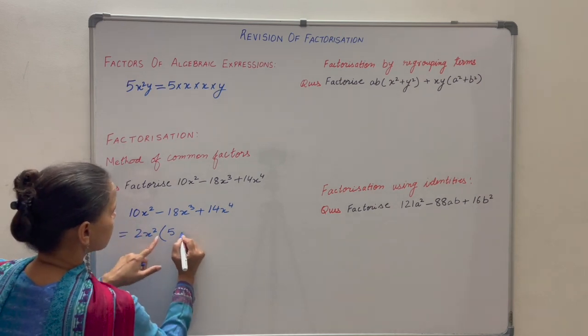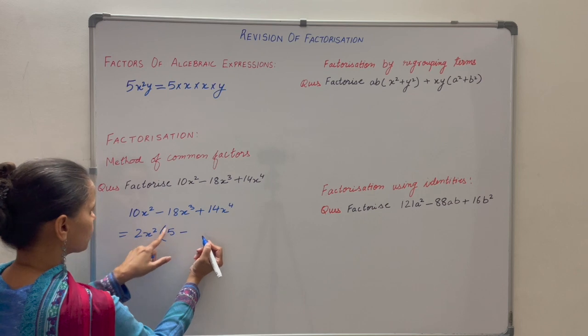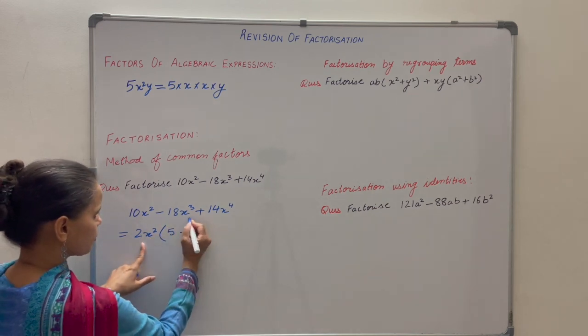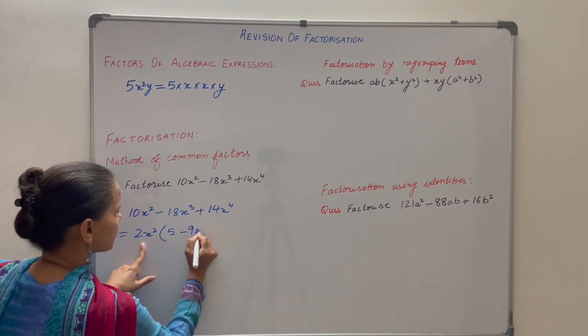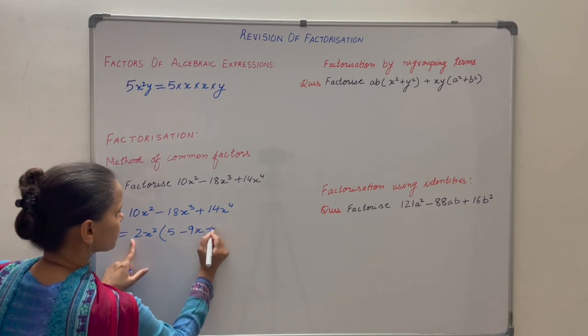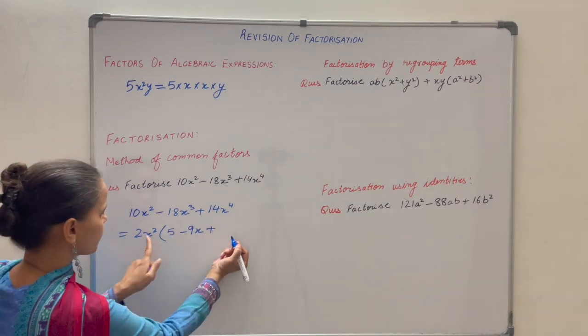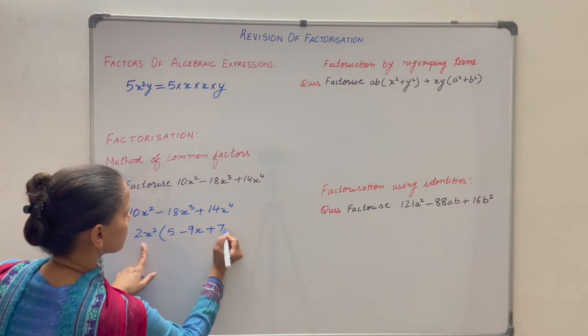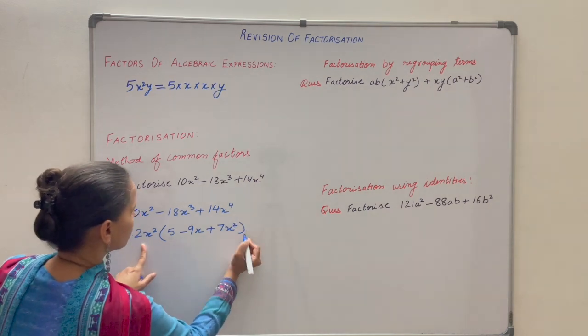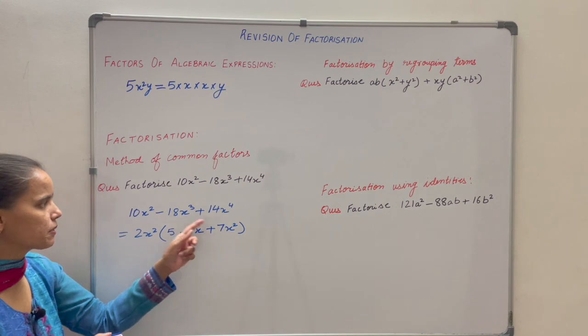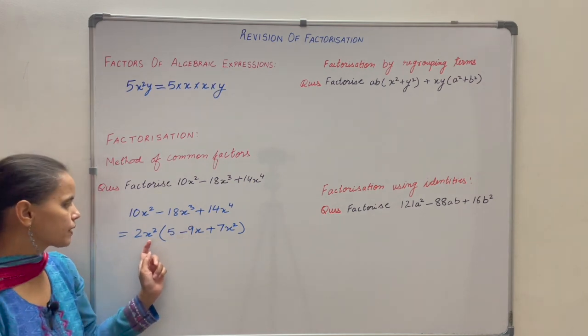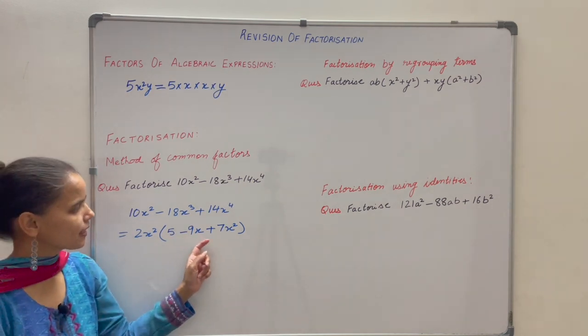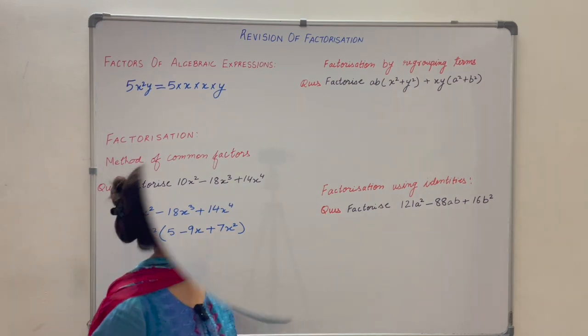So plus into minus gives you minus. 2x square already you have taken common. So what is left here? 9x. Plus into plus gives you plus. 2x square you have already taken common. So what is left here? 7x square. So what are the factors for this algebraic expression? They are 2x square and 5 minus 9x plus 7x square.